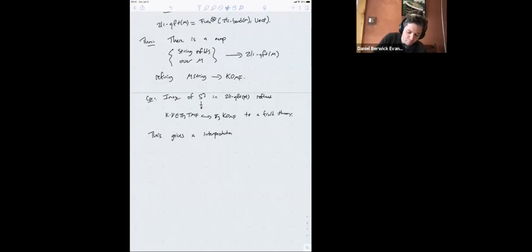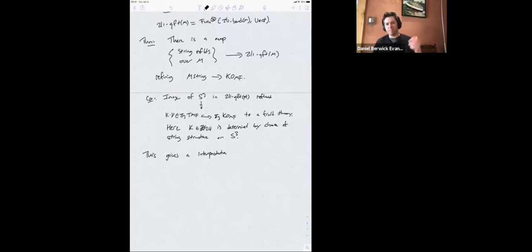Oh, sorry, I missed an important thing. Who's k? So k here is the choice of string structure on S3. For S3, p1 of S3 is 0 just for degree reasons. p1 is in degree 4, and S3 doesn't have any cohomology there.